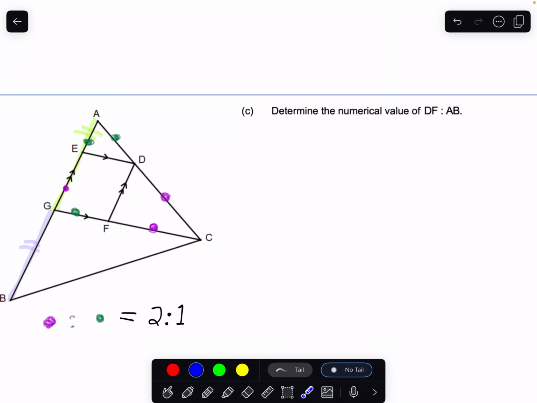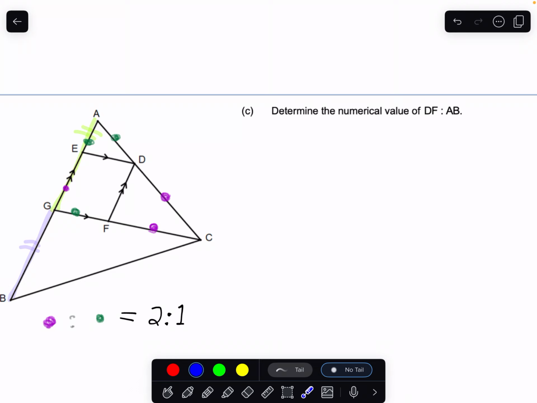But now we know that GB is the same length as AG. So if this is 3 parts, then this whole side would be 6 parts. So the ratio of DF to AB would be 2 parts to 6 parts.